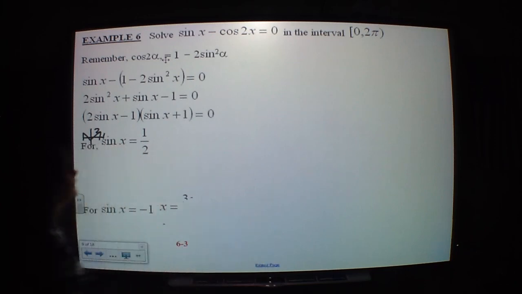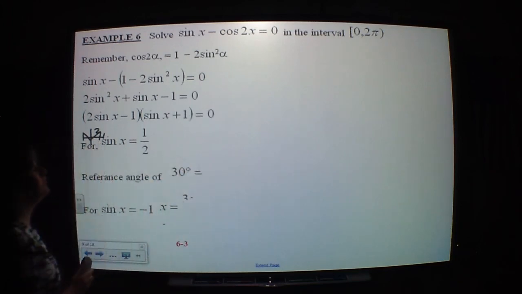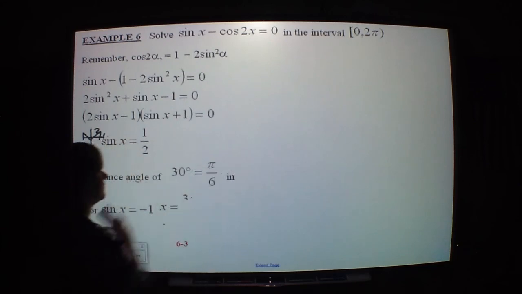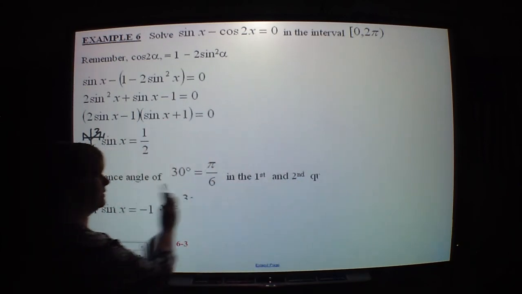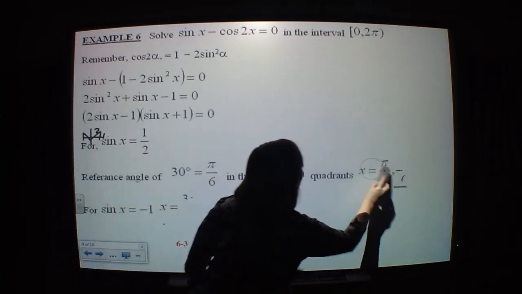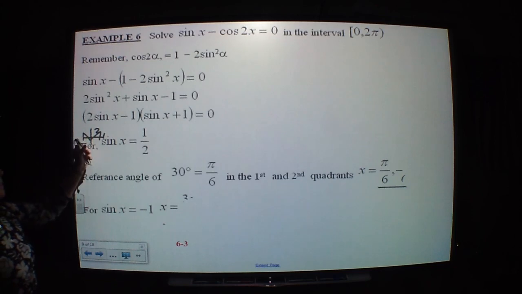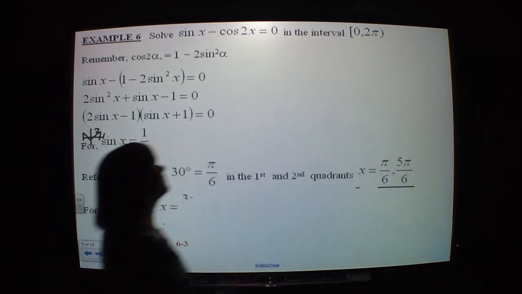Or in radians, it's pi/6 or 5 pi/6, reference angle of 30 degrees or pi/6. And I'm in the first and second quadrants, like I said. So I'm pi/6 in the first quadrant, and in the second quadrant I'm at pi minus pi/6, which is 5 pi/6. And I'm done.